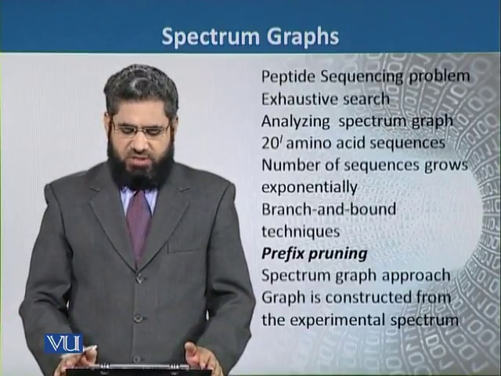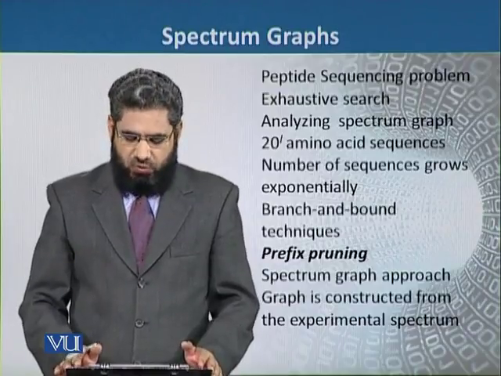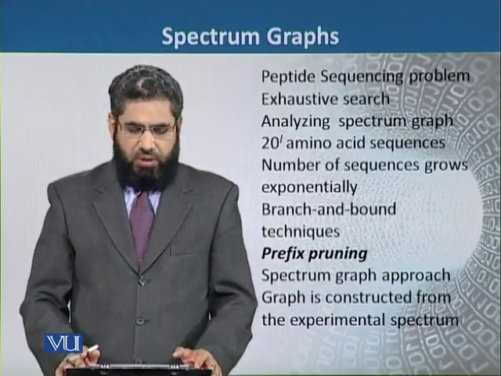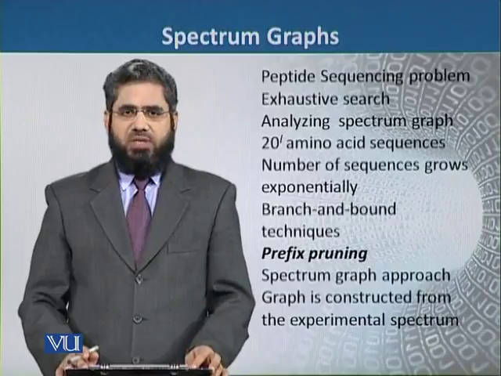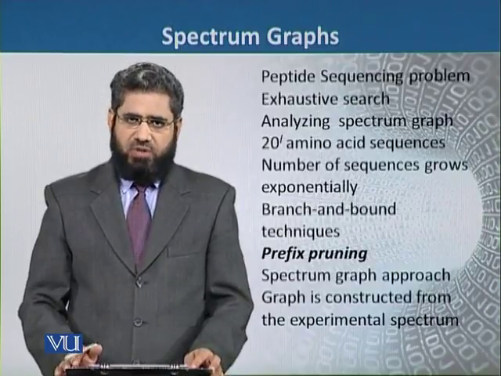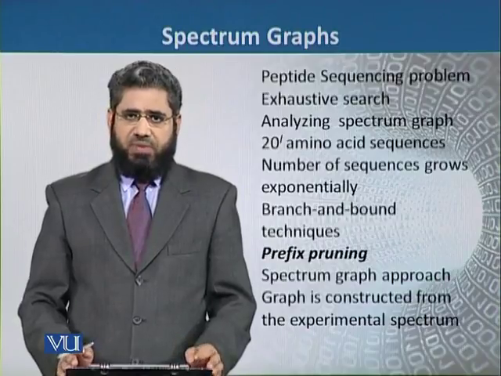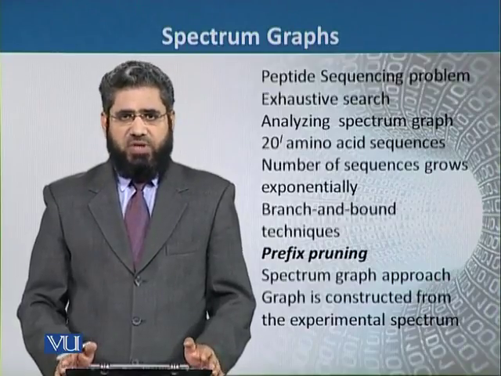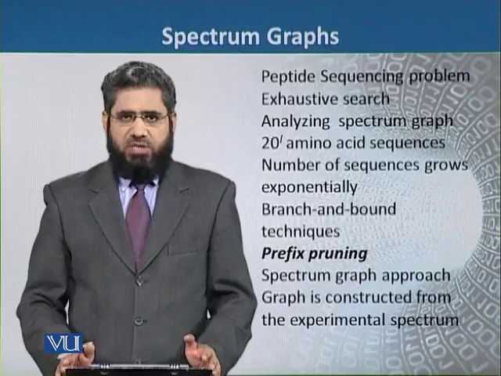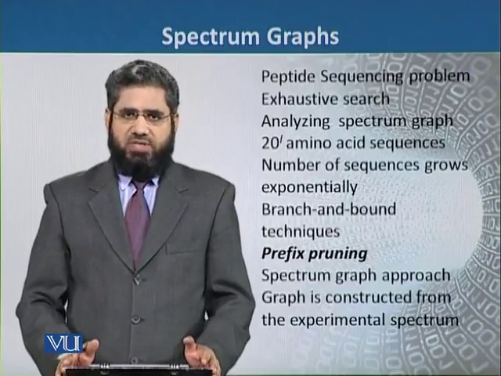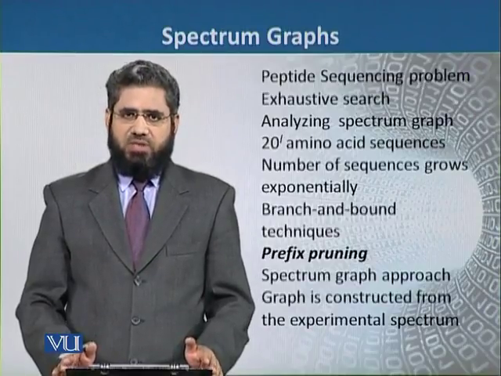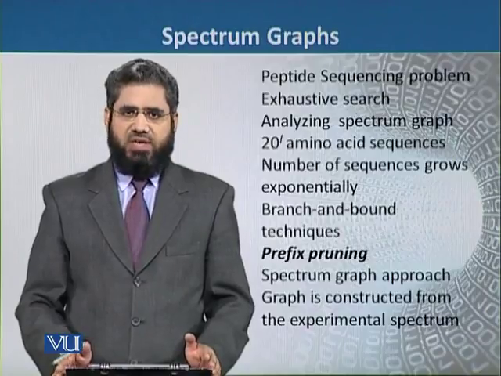The second approach is to search the peptides by using the prefix. We know that when the size of the peptide increases, the number of different combinations of the peptide also increases and generates a large number of peptides of different sizes.